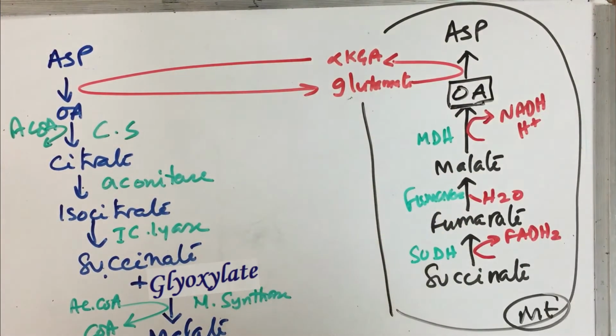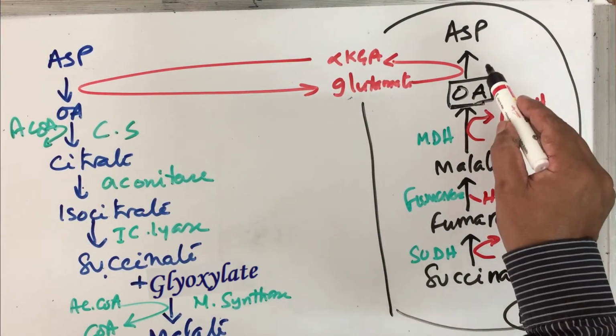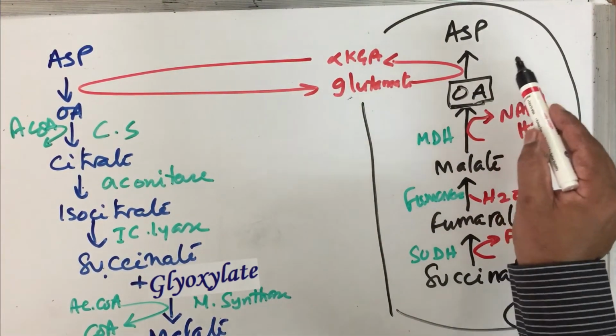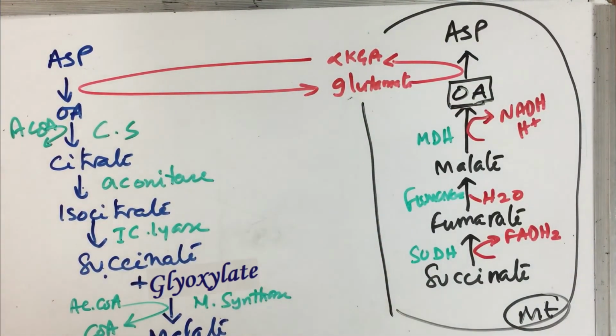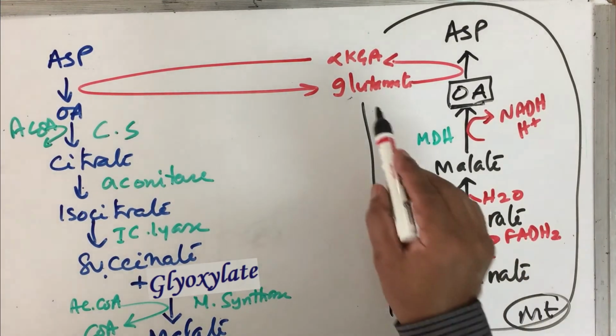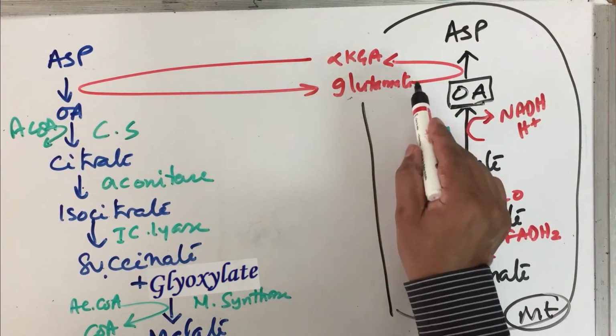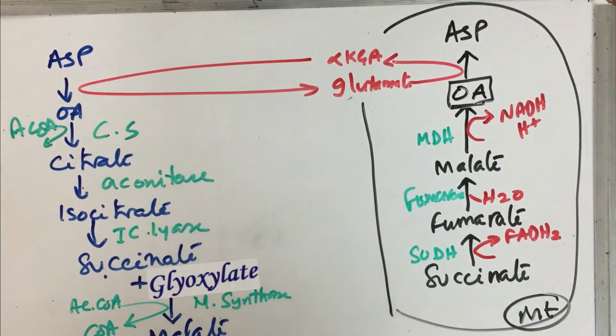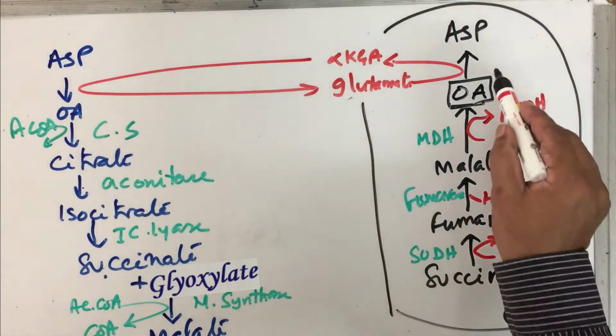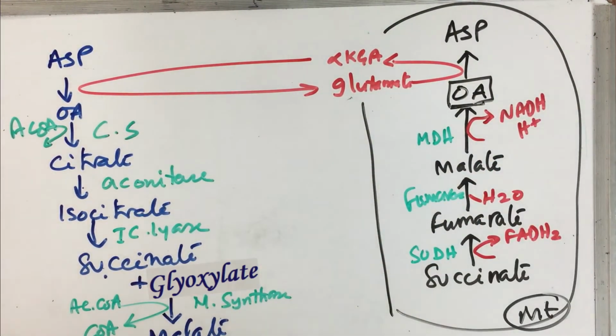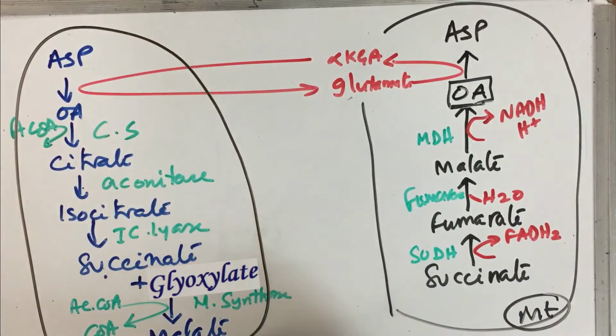Now, oxaloacetic acid, first of all, with the help of a transaminase, the aspartate transaminase enzyme, will be converted to aspartic acid. The amino group is given by glutamate, which gets deaminated into alpha ketoglutarate. Transaminase is the enzyme. Now it involves the coordination of another cell organelle, this one, so they are bifurcated.